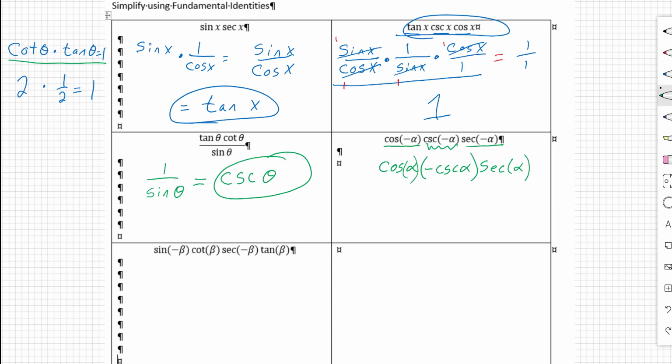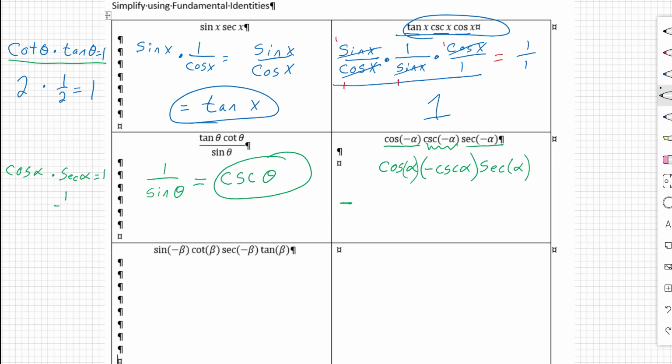Alright, so we have a positive, a negative, and a positive, so our final answer is going to be a negative. And if we look at this, cosine and secant, those are reciprocals of each other. So cosine of alpha times secant of alpha is going to be 1.